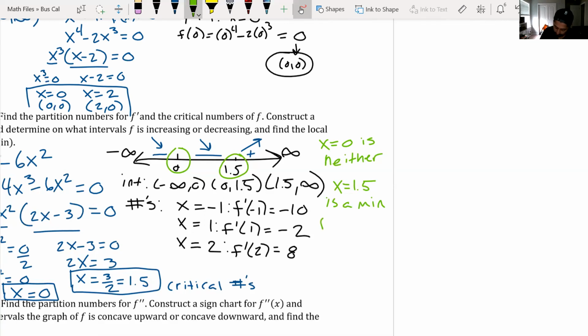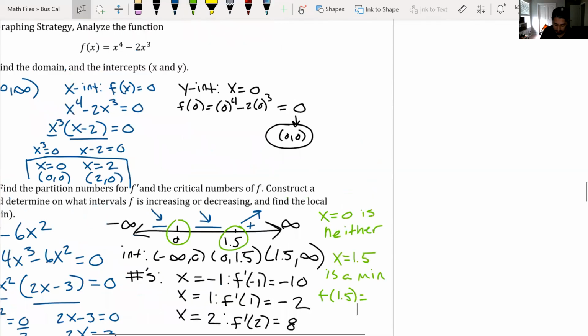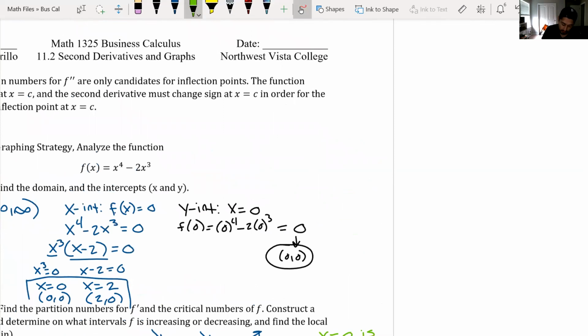So I'm going to say f of 1.5. And I'm going to take 1.5 and plug it into this original function. x to the 4th minus 2x cubed. 1.5 gives negative 1.6875.